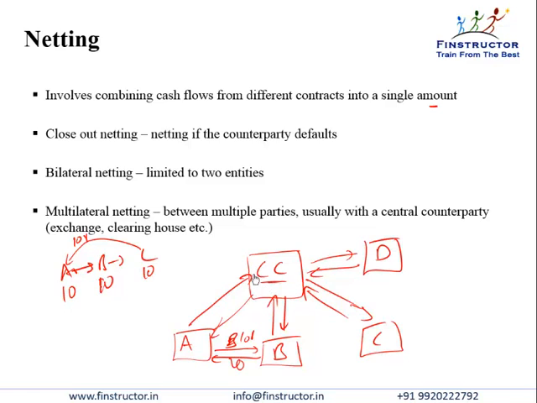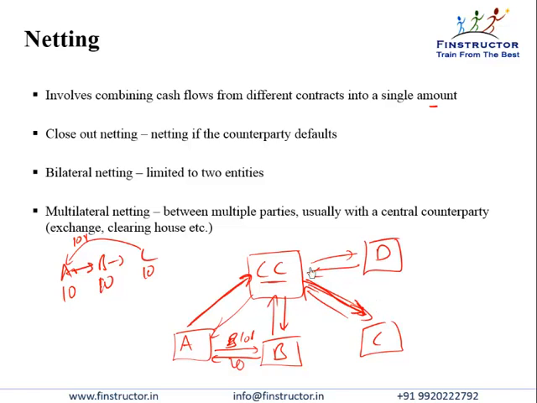So basically, all market participants report their expected inflows and outflows to the central counterparty. The central counterparty will then accept payments from people from whom payment is due and disburse the payments to people who are to receive payment.